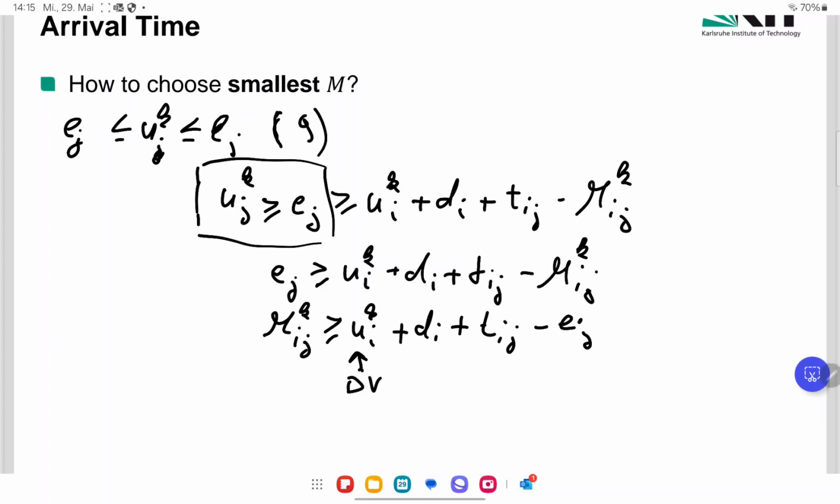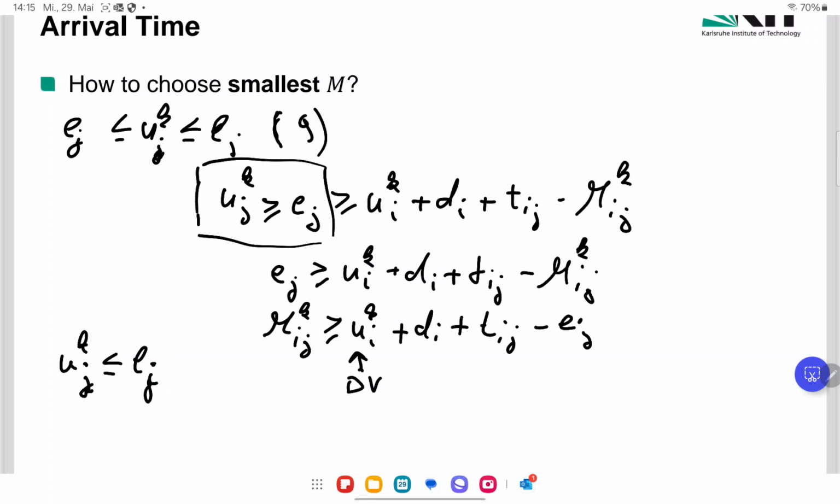But what we can use here is the upper bound. We know that UJK cannot be later than the latest allowable time from our time window. So this is LJ.